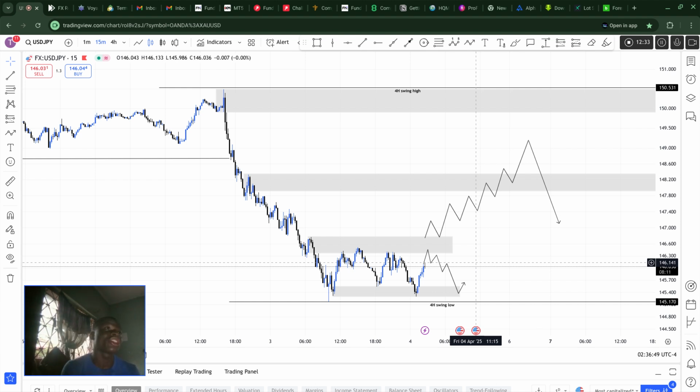We have our point of interest on the four-hour already, and that is where we expect the pullback to end. On the 15-minute, that's where we expect the M15 bullish or bearish trend to end. Our point of interest is probably here, and that's what we should be looking for.